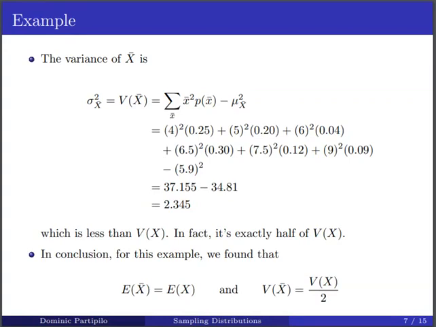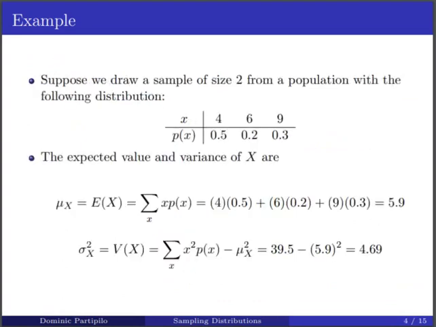And if we go back and look at what our variance of X was, we will find that our variance of X was 4.69, which is higher than our variance of X bar.